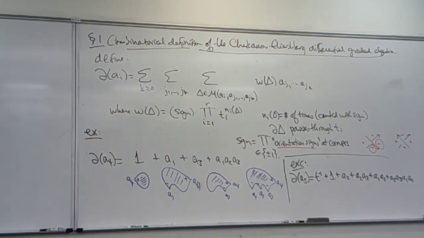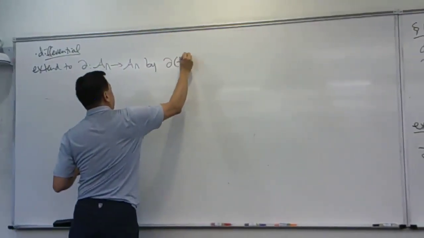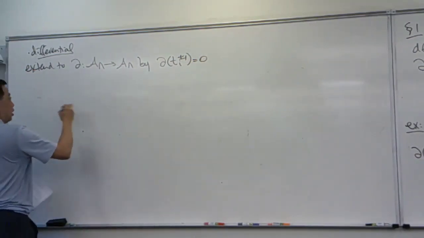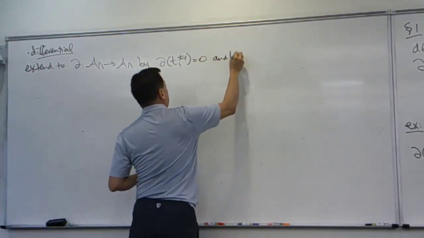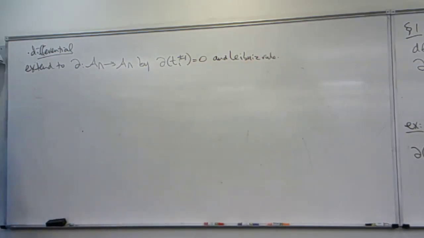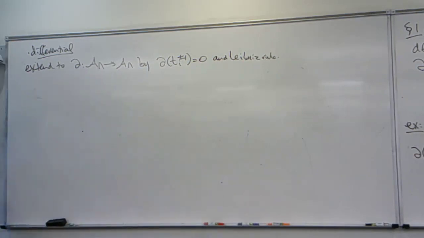So this defines the differential of any red chord, and I'm going to extend this to a differential on the algebra itself by saying the differential of every t_i is equal to 0 and extending by the Leibniz rule, with sign. Which now makes sense because I've created everything. That's the definition of the differential.